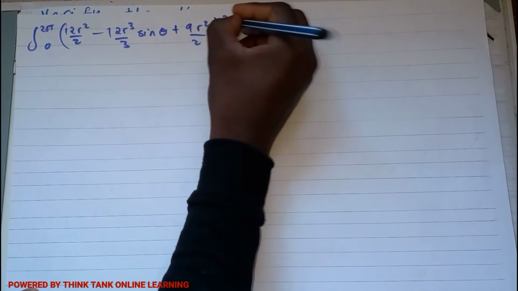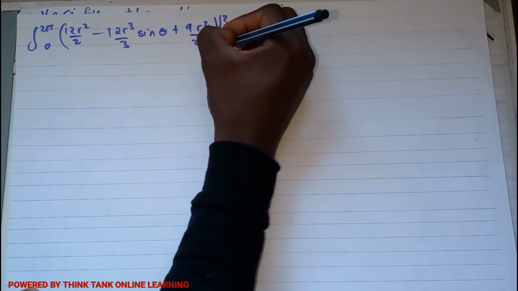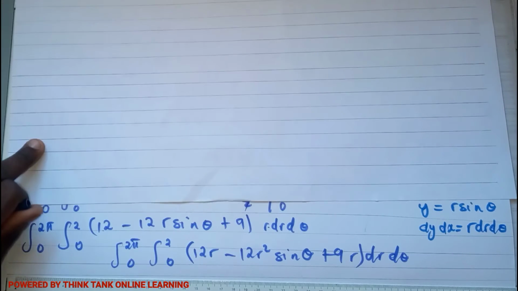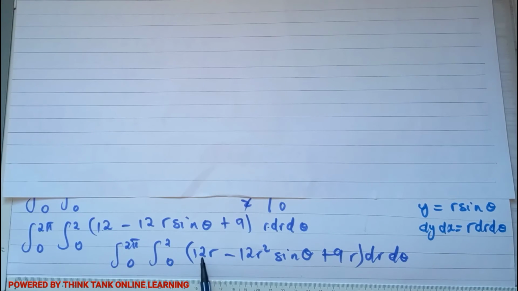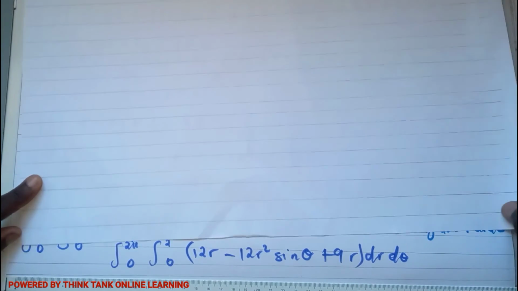Then we have the limits of r from 0 to 2, then we have the theta. By the way, you could have just added 12r plus 9r. I think that was the short method.